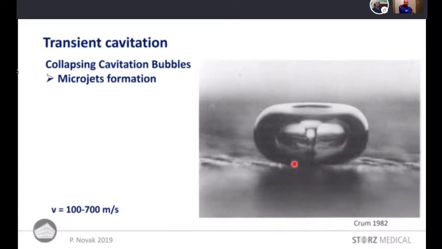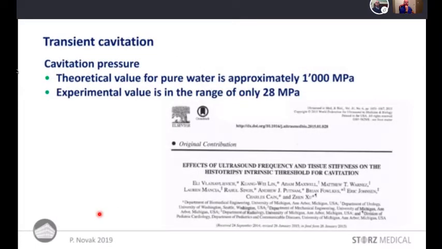Here is a real photograph of such an effect, and you can see this jet stream formation in the center of the bubble. The speed of these jet streams is up to 100 to 700 meters per second. That is very fast.